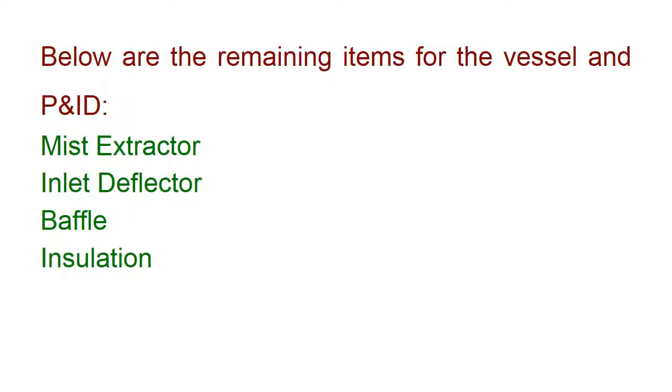Below are the remaining items for the vessel and P&ID. Mist extractor, inlet deflector, baffle, insulation.